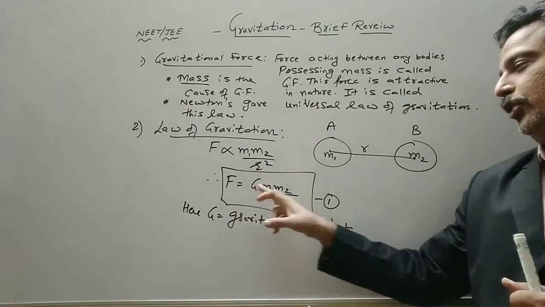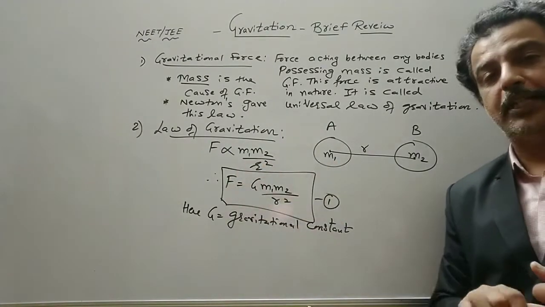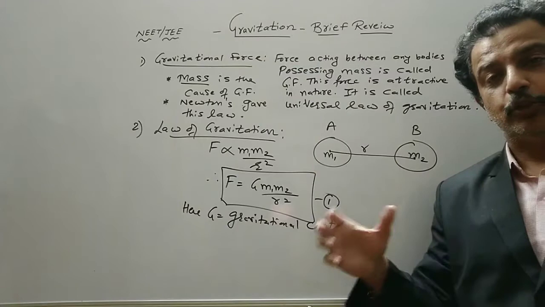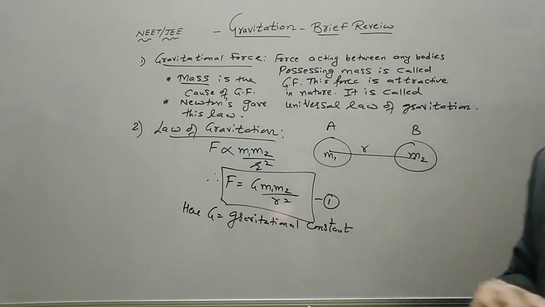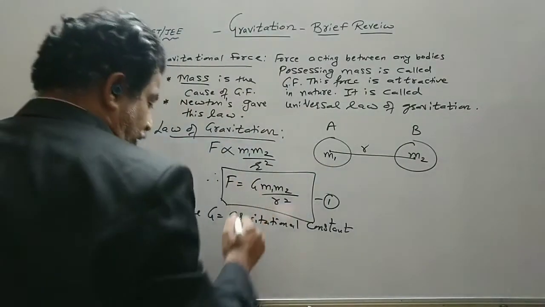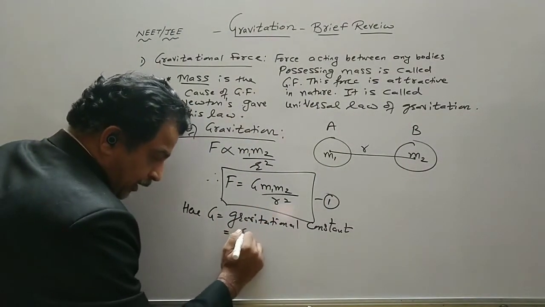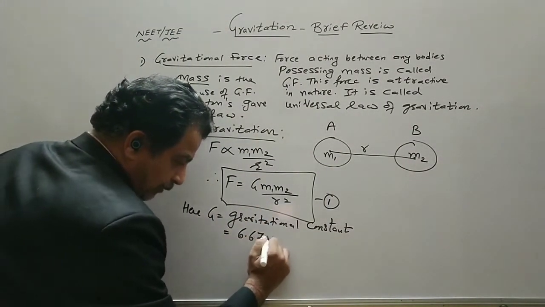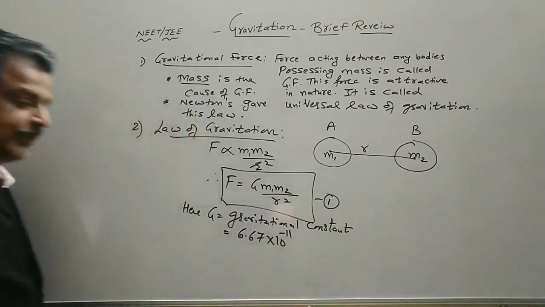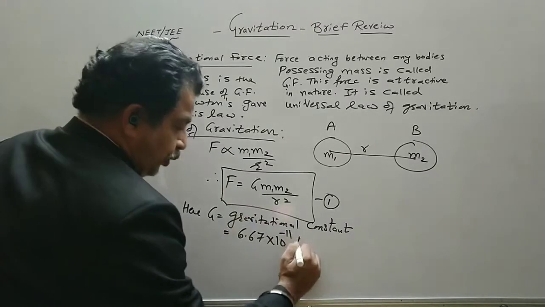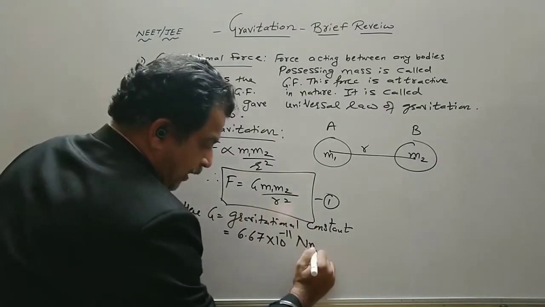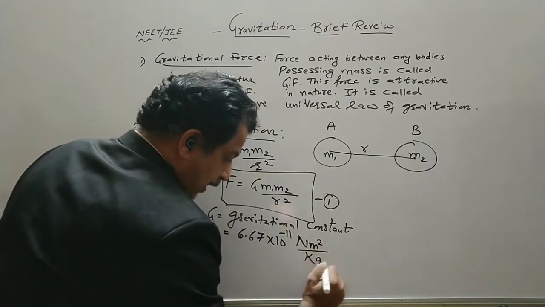So gravitational constant is equal to the gravitational force for the two bodies having unit mass separated by a unit distance. Its value, because it is a constant, is 6.67 into 10 raised to minus 11, and SI unit is Newton meter square upon kg square.